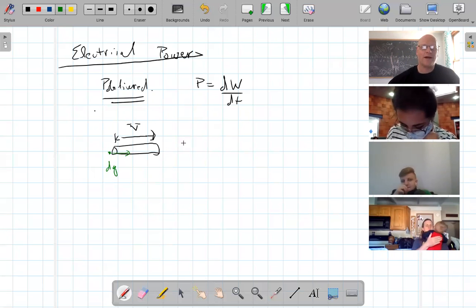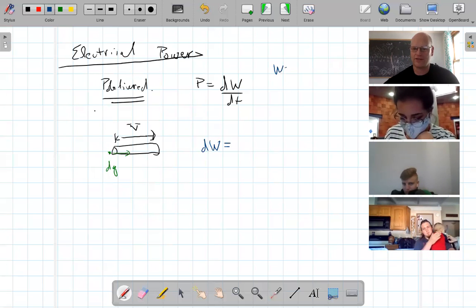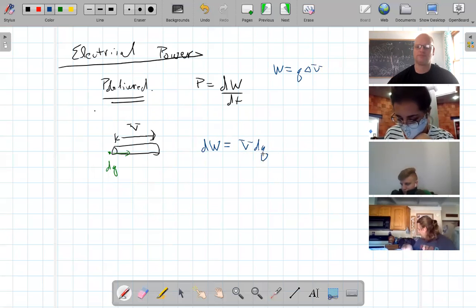We want to know how much work is required to move this amount of charge dq across these electrical elements. The differential amount of work dW is going to be, remember work is equal to q times delta V, just V times dq. This is the amount of work it takes to move this charge across this electrical object.